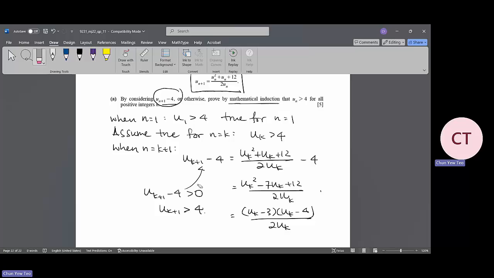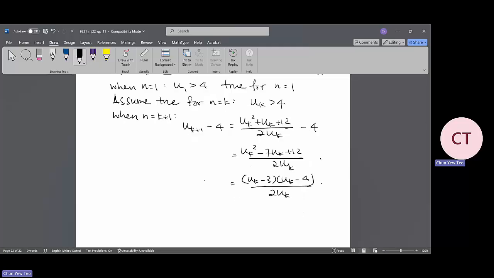Therefore, we can show that uk plus 1 is greater than 4. So what we can do over here, you can see that this is positive because uk is greater than 4. Your uk greater than 4 will guarantee this one is positive.